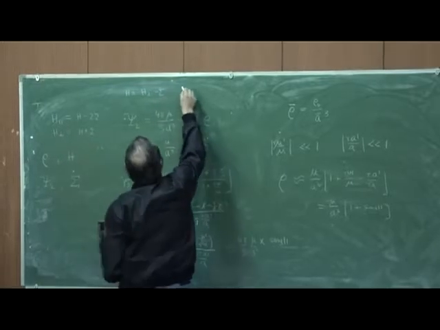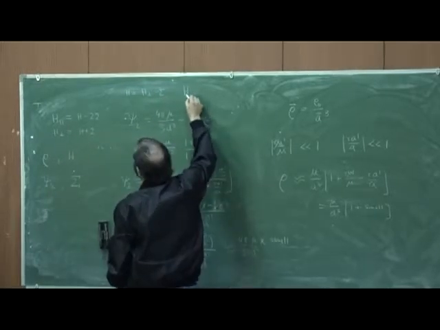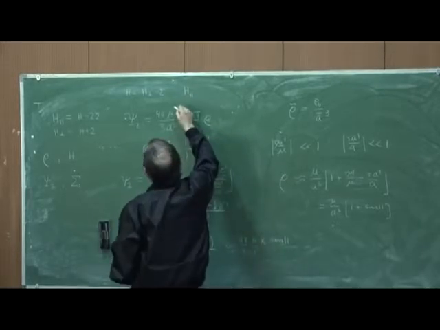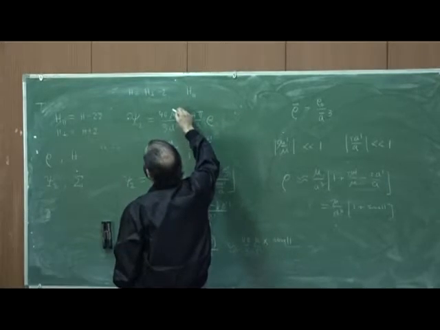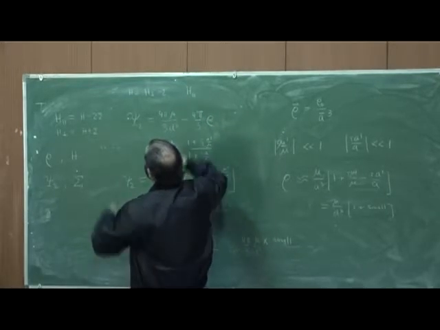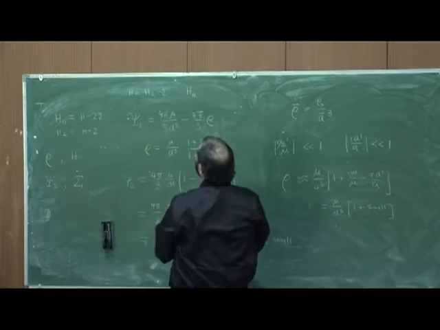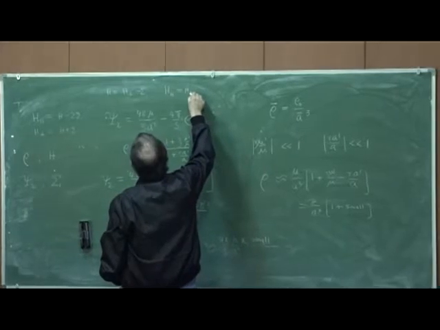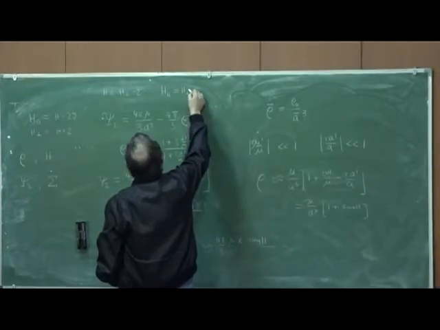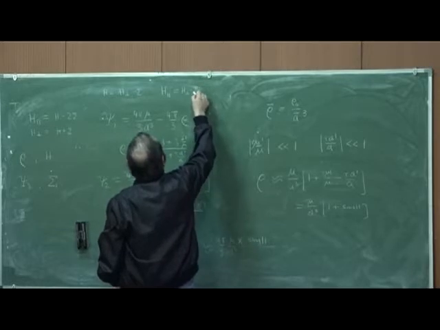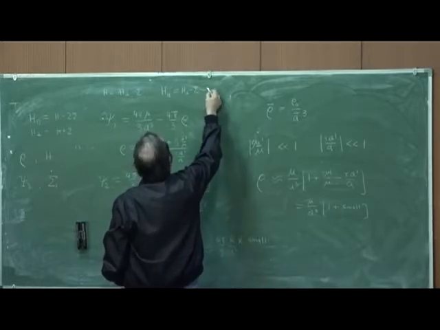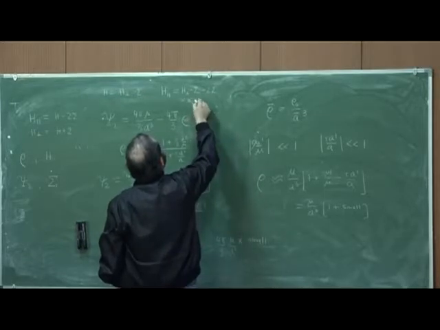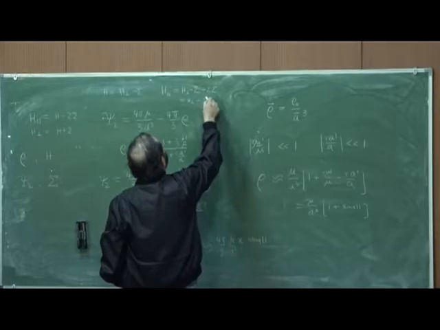You substitute this in H parallel, so you get H parallel equals H perpendicular minus sigma minus 2 sigma, so H perpendicular minus 3 sigma.